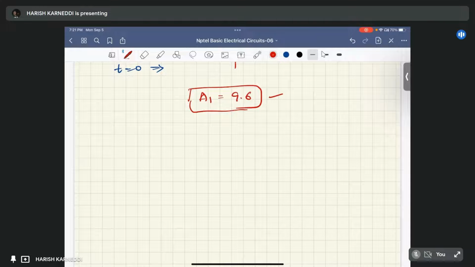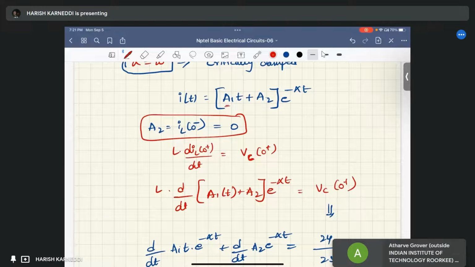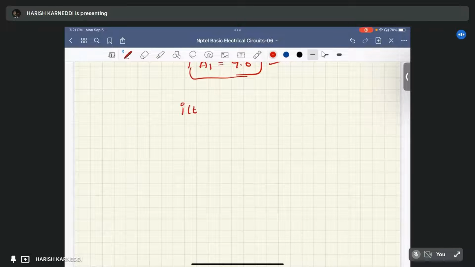So here you know the A1 and here you know the A2. You can substitute A1, A2 and alpha in this equation, you will get I of t. That is I of t equal to A1, that equal to 9.6 into t e power, plus A2 anyways it's 0 into e power minus alpha t, that equal to 20t.